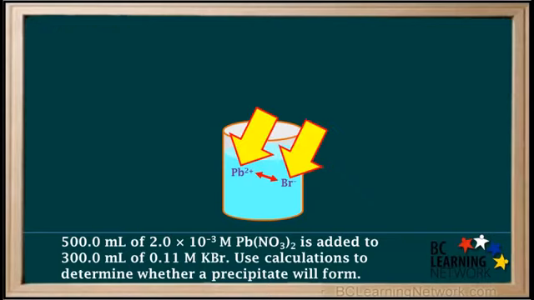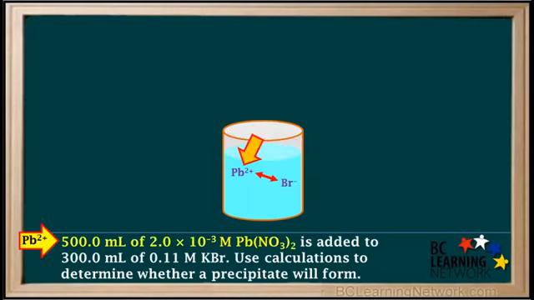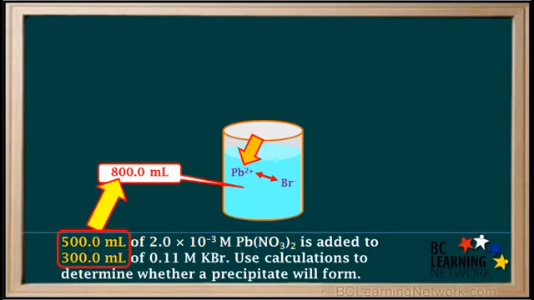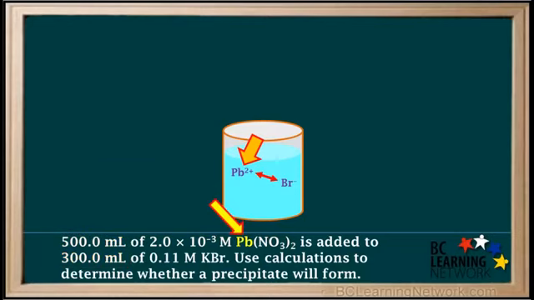In order to calculate the trial KSP, we need to find the concentrations of Pb2+ and Br- in the new mixture. The source of Pb2+ ions was the 500 milliliters of 2 times 10 to the negative third molar PbNO3. When it was mixed with the other solution, the PbNO3 solution was diluted from 500 milliliters to 800 milliliters.